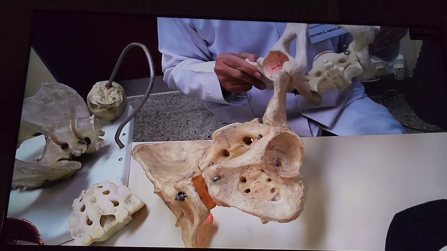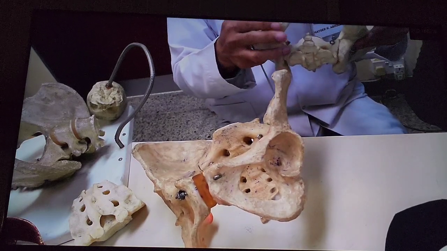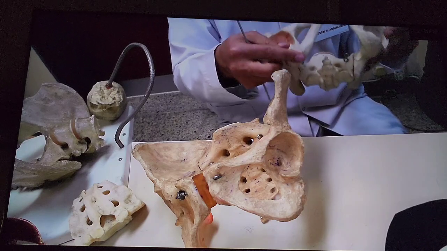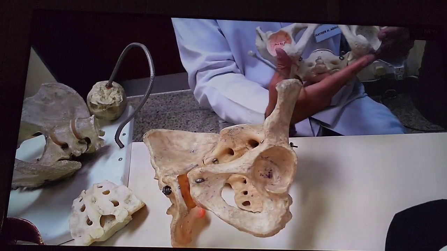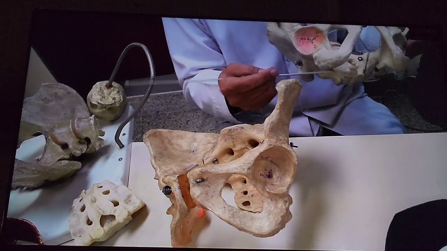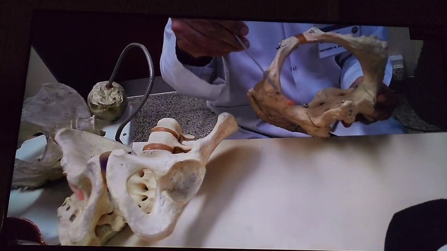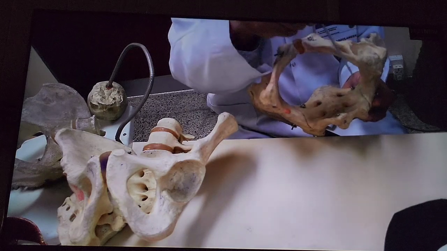The sciatic tuberosity is inverted in case of male, while it is everted in case of female.